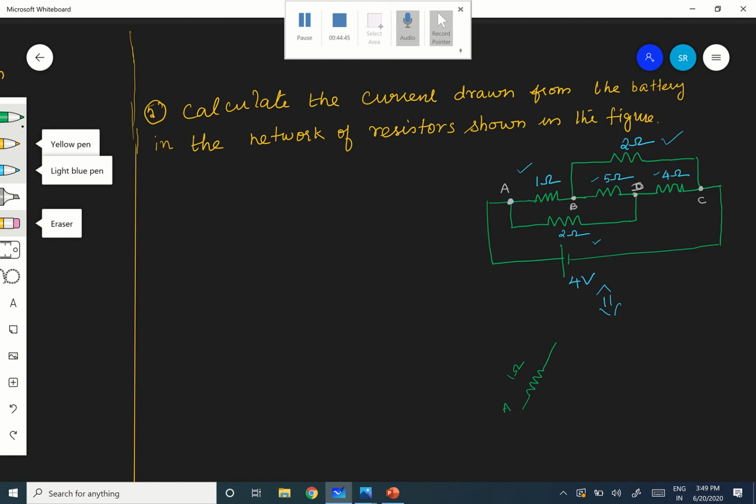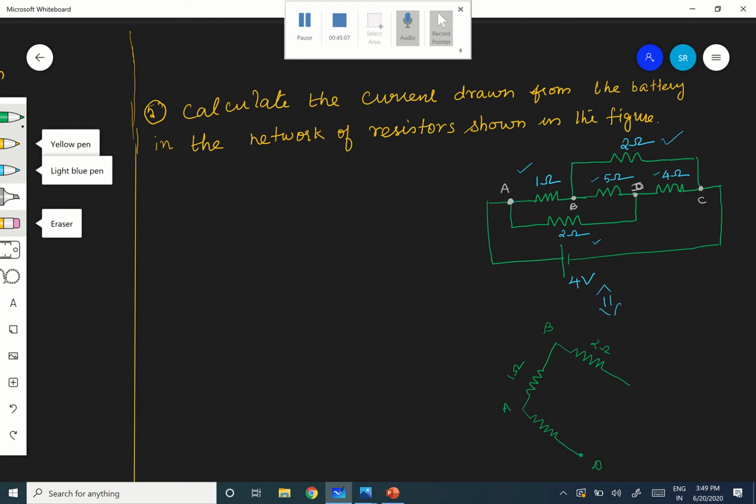It is A, it is B first, so it will be easy for you. A, B. And between B and C, 2 ohm. Let me draw that one. B and C, 2 ohm. Then between A and D, 2 ohm. It is a Wheatstone bridge like that.